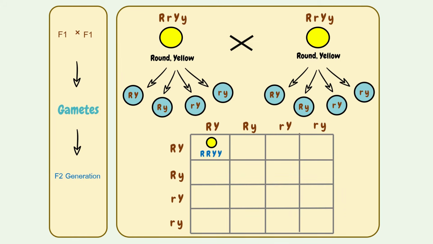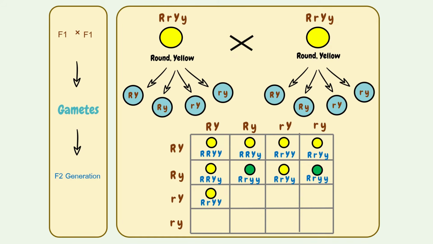The resulting seeds are round yellow, round green, wrinkled yellow, and wrinkled green.